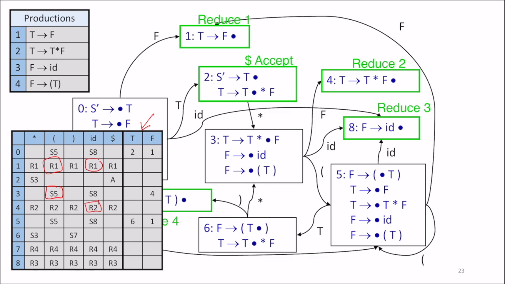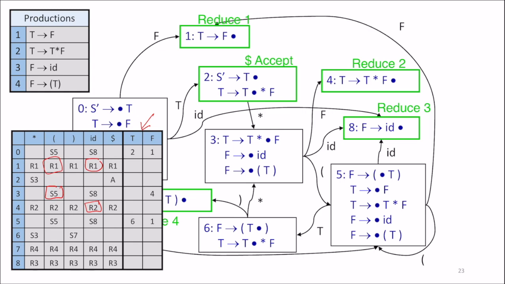So a conflict here would involve multiple clashes, basically two items trying to get into the same table entry, and that's obviously not allowed. I can't have a parser with a lookup table that gives me conflicting advice, right? It has to say either shift or reduce. It can't say, I don't know, I guess reduce 1 and reduce 3, choose one. It can't do that because then it's not deterministic.